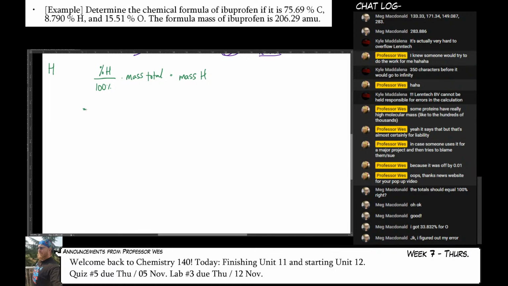And so that would be 8.790 over 100% times the total mass, oh, I messed up in my calculator here. Times 206.29. So that's the mass of H.